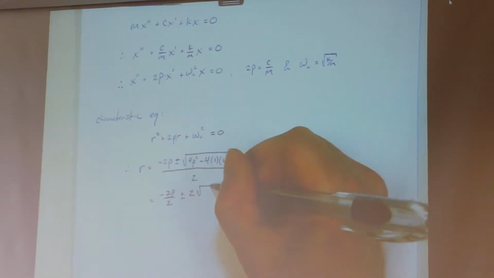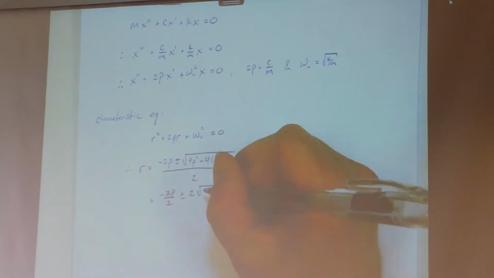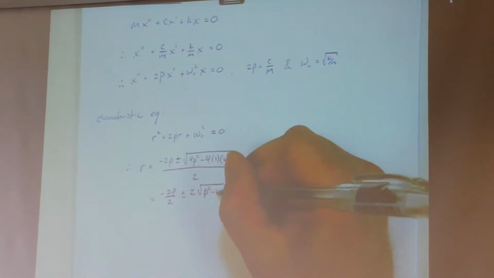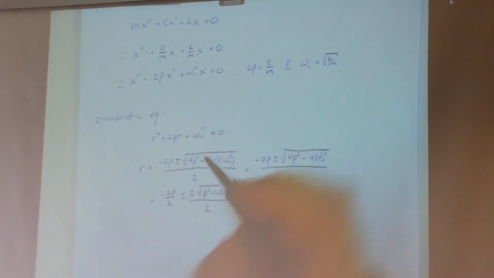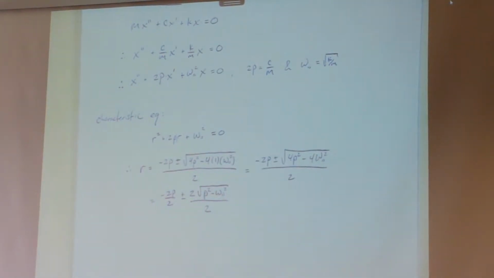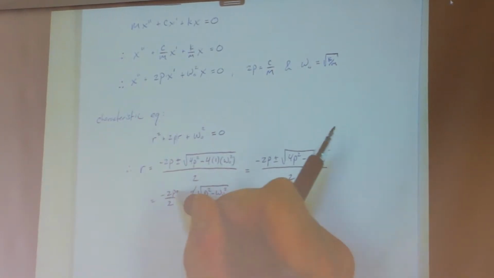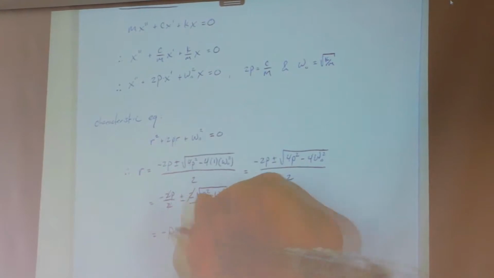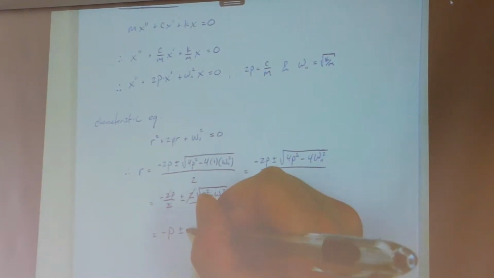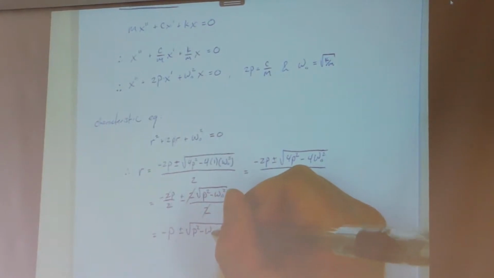I'll have 2 root p squared minus omega naught squared, all over 2. That's why we did this. These cancel. So do those. And we just get negative p plus or minus the square root of p squared minus omega naught squared.